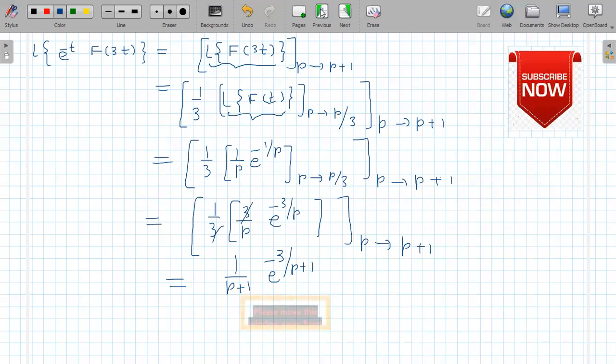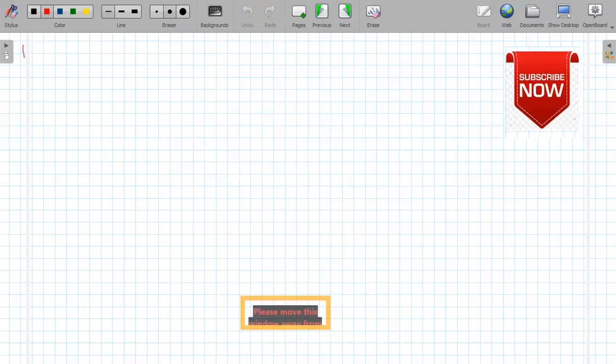Let us do one more example. Example number 2. Let me take a very simple example. Find the Laplace transform of cos of 4t.